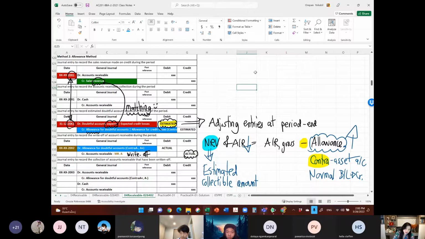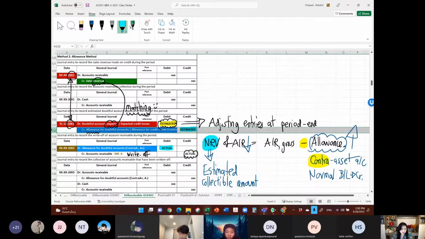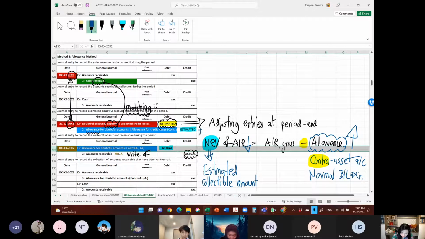What I want you to see is that the allowance will be increased with the estimated expense, and the allowance will be decreased with the actual write-off. So this is increase, this is decrease. Increase with the estimation and decrease with the actual number.